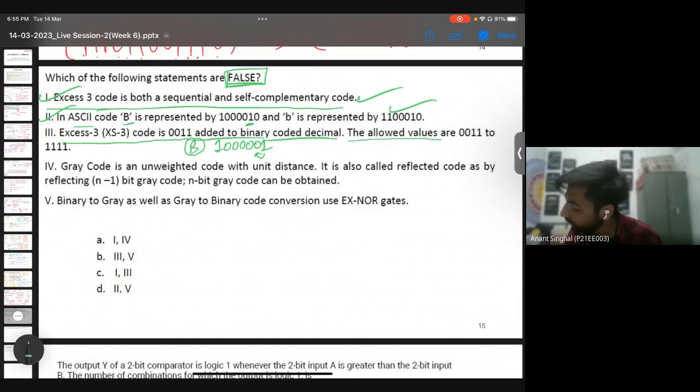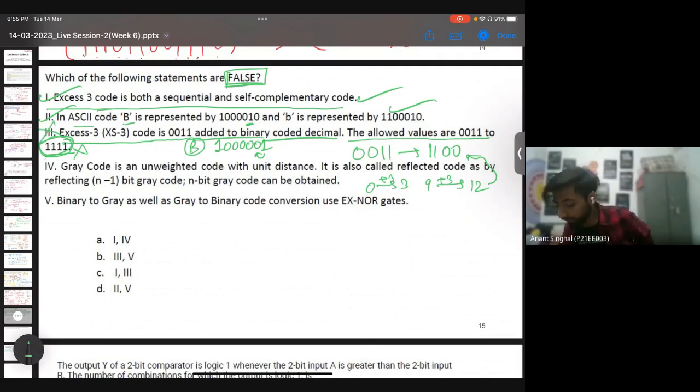The allowed values are 0011 to 1111. So this 1111 is not correct. We know that excess-3 code is nothing but 0011 to 1100, since 0 is converted to 3 in excess-3 and 9 is converted to 12, which is 1100. So 1111 is not a possibility. So option 3 is incorrect.